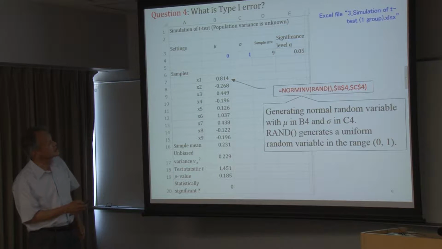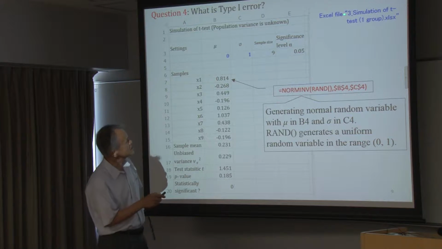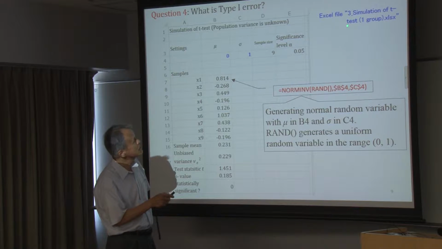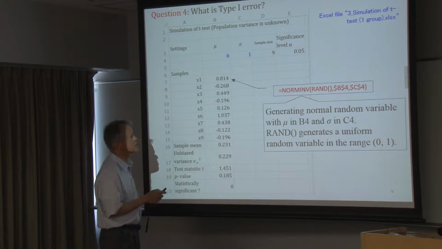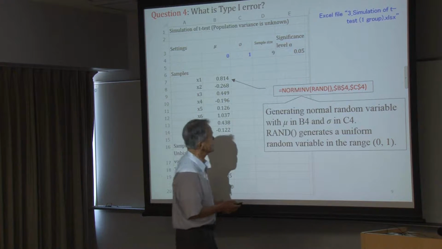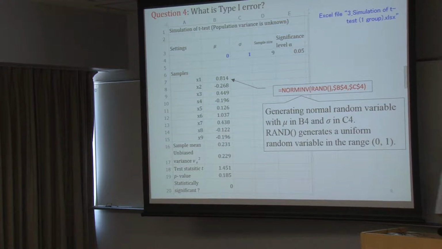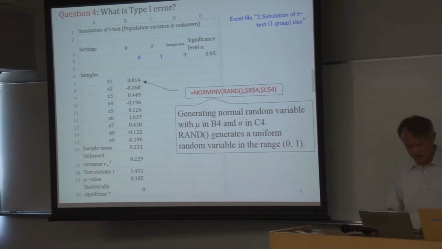And first, I'd like you to do another writing of Excel files. So please open this one: 3, simulation of t-test, 1 group. Please open this Excel file. Number 3 file.